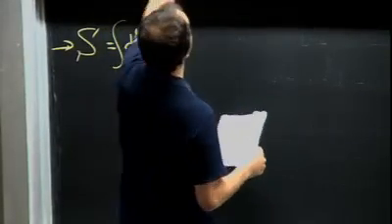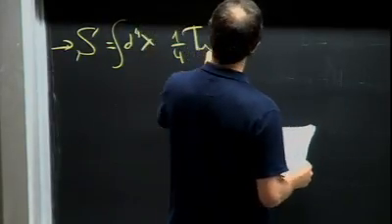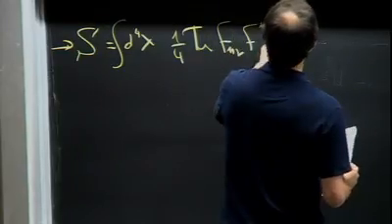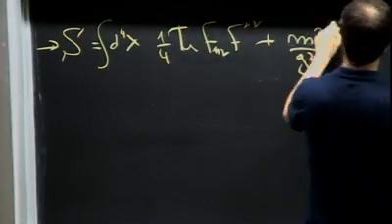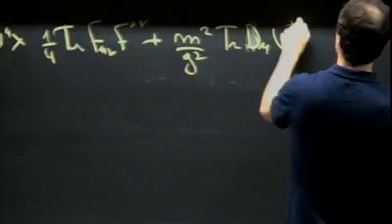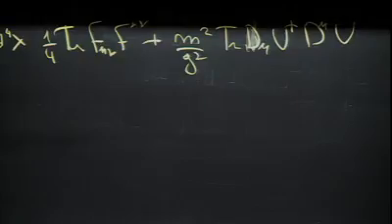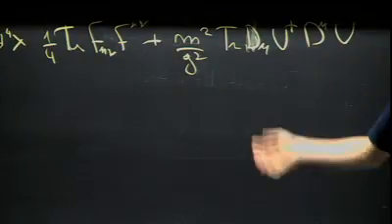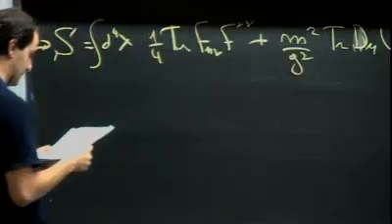The first term, trace of F_mu nu squared, was indeed gauge invariant, so the result is unchanged. But the mass term was not gauge invariant, so it will be transformed to m squared over g squared, trace of the covariant derivative d_mu U dagger d^mu U. You see that after the gauge transformation, the gauge parameter appears in the Lagrangian, which is not gauge invariant, as expected. And the part which is not gauge invariant is the one proportional to the mass.